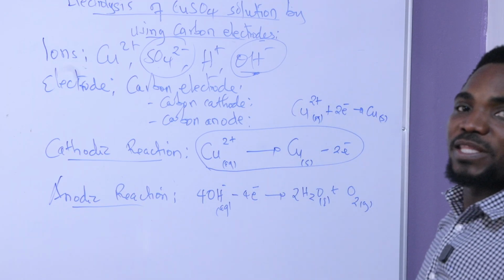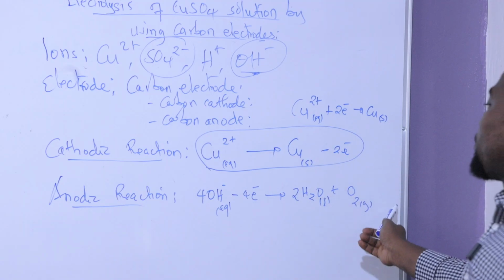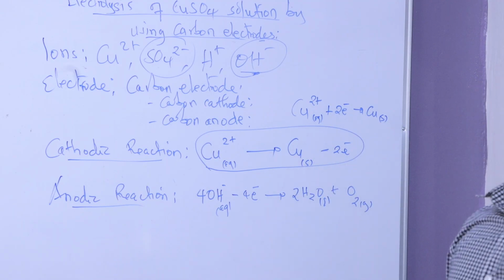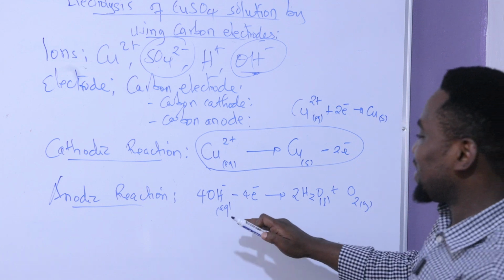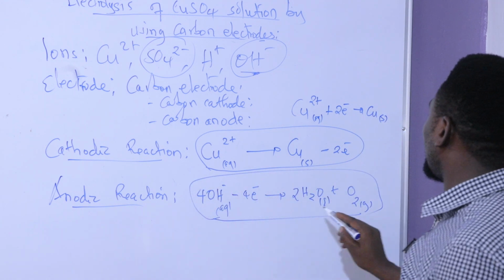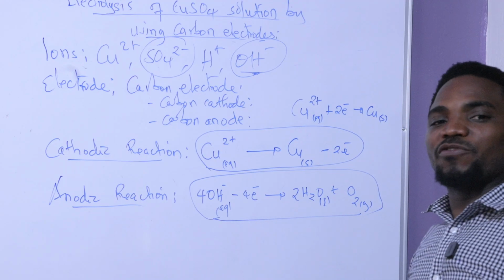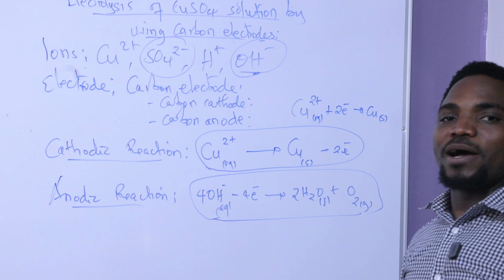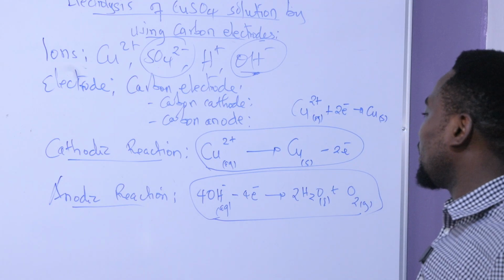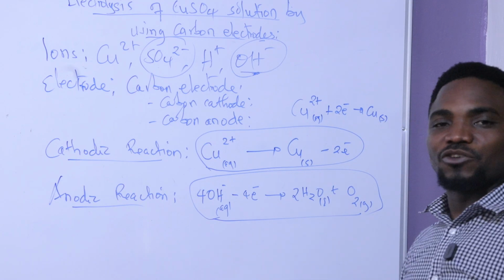So this one is the same as this one, but here the electrons you can write this way, which becomes positive, while here it's negative. So this is the only difference between the previous session and this session. Here we have this equation from the anode, but in the previous session we had the copper ionizing to obtain copper with a positive charge. So that one is very simple.